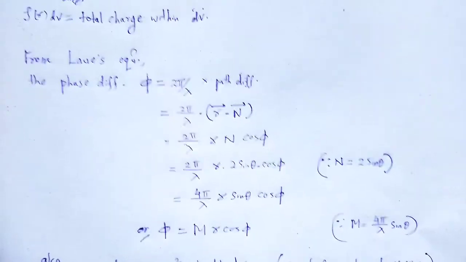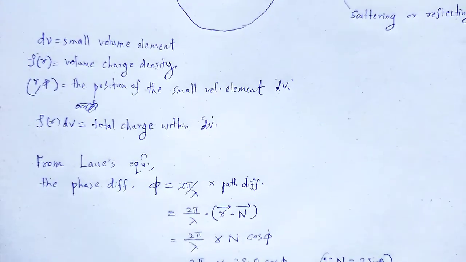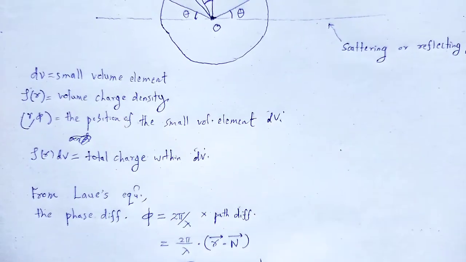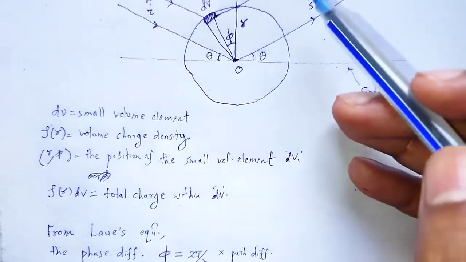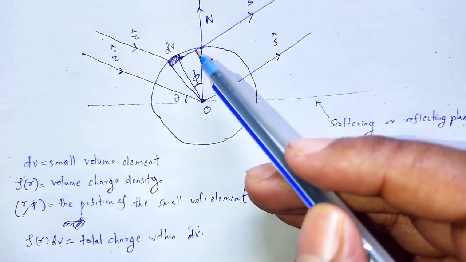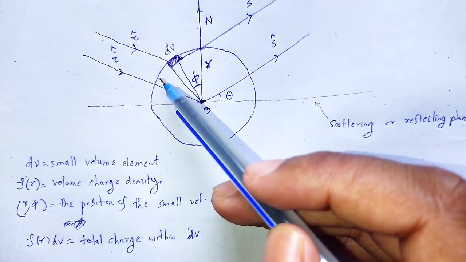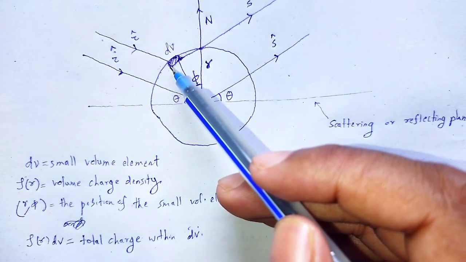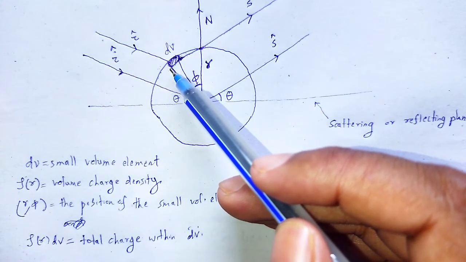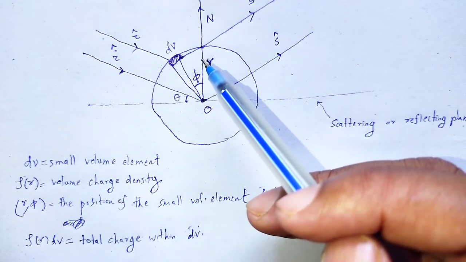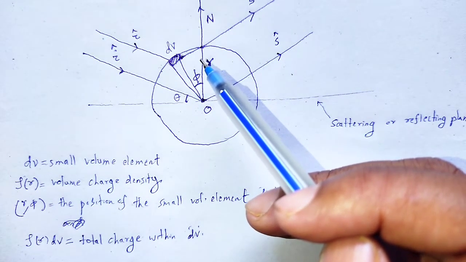Our task is to calculate the atomic scattering factor. First we have to calculate the atomic scattering factor for the small volume element. Then integrating over that small volume element, we can get the total atomic scattering factor of the given atom.